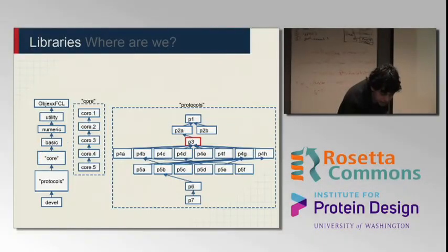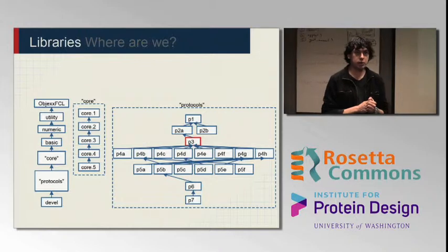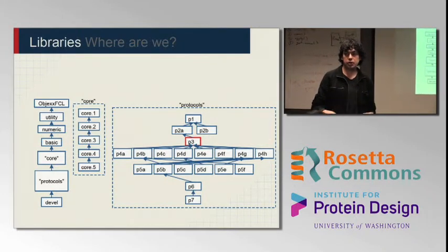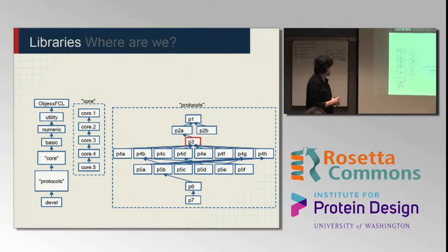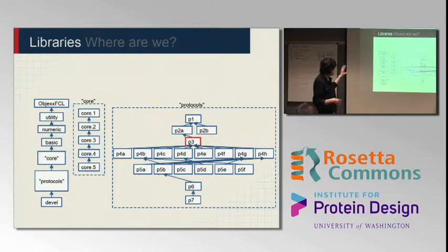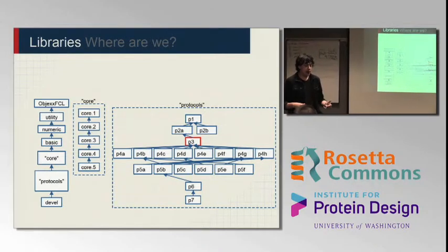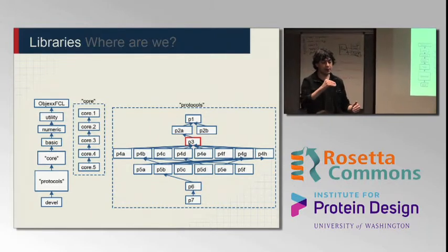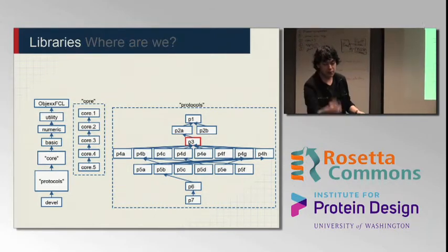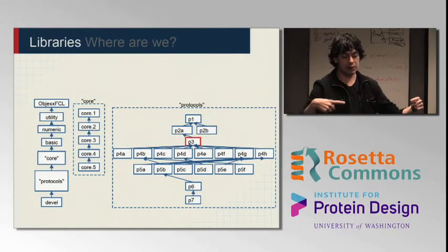The thing I'm talking about today is what we call Libraries 5, and essentially I'm going to talk about some things that are inside Protocols 3 and Protocols 4. And here's where things start to get weird, right? Probably, or hopefully, somebody explained to you that due to the way Rosetta was designed, things compile in layers, and things that are up in the layer can call things that are down the road, but they cannot call things that are in the same layer.